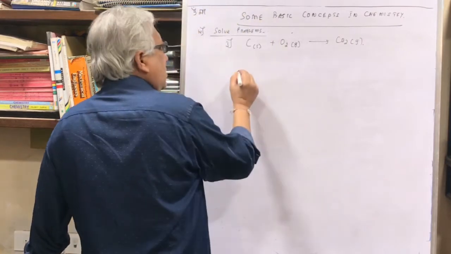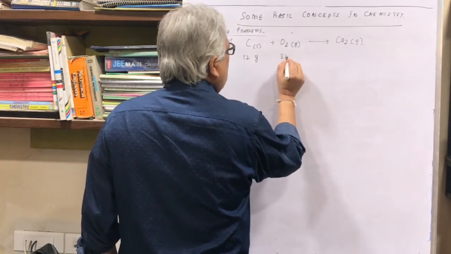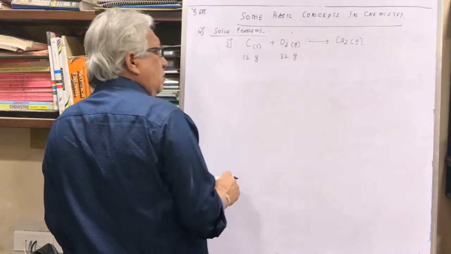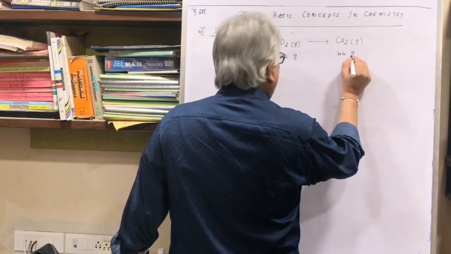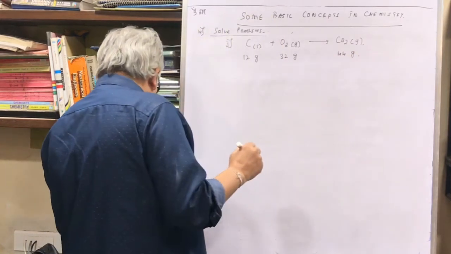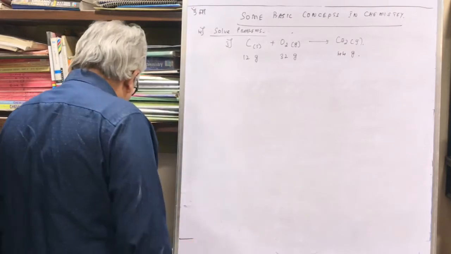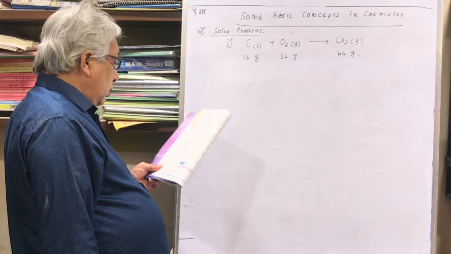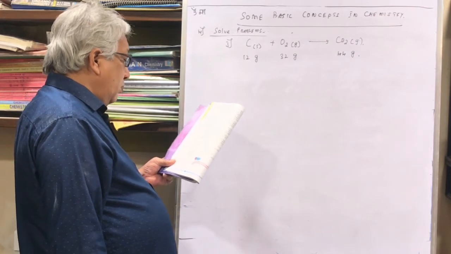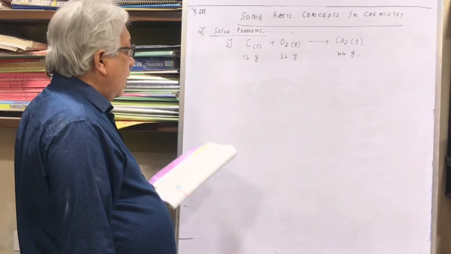Now if you see, this is 12 gram of carbon burning with 32 gram of oxygen to give me 12 plus 32, 44 gram of carbon dioxide. So the question they have asked me, 24 gram of carbon reacts with some oxygen to make 88 gram of carbon dioxide.